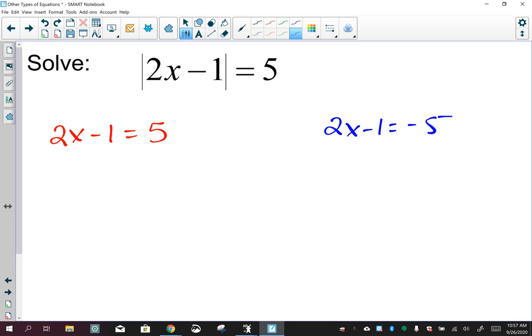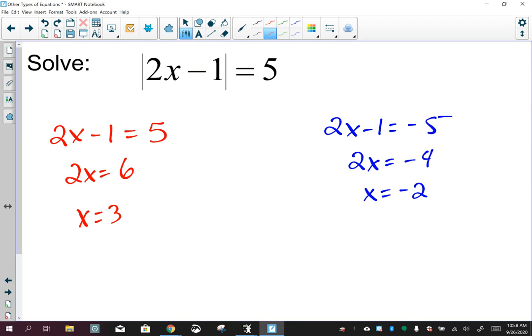Since I'm already in blue, I'm going to go ahead and solve over here. Divide by the 2. X is negative 2. Over here in red, 2x is equal to 6. X is equal to 3. Just like before, you need to check your answers because sometimes these answers don't work.